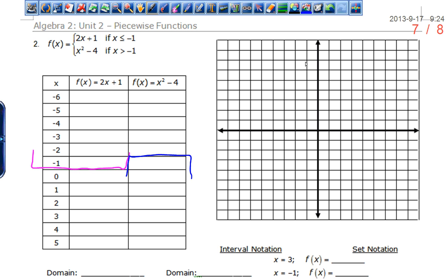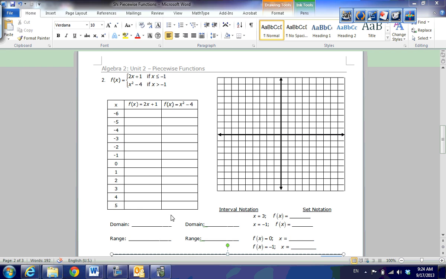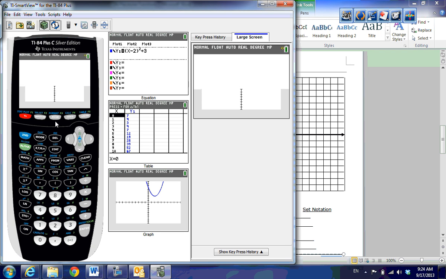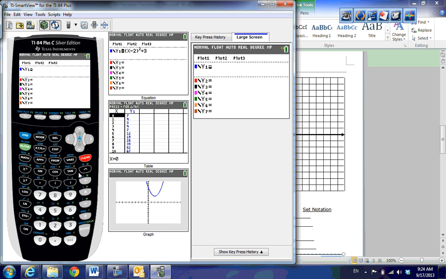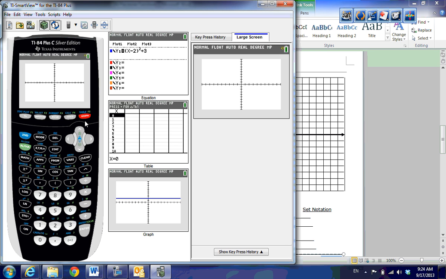All right, to save some time, let's go ahead and put in 2x plus 1 into our y equals, and let's get all the x values less than 1. So on our graph, our y equals, clear that, and with 2x plus 1, get an awesome little picture.